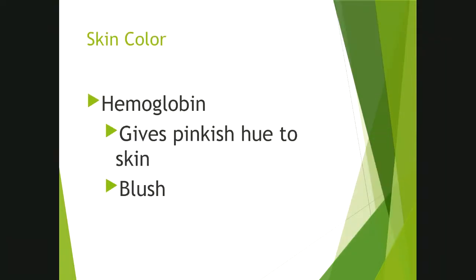There's one more thing that contributes to skin color, and that's just blood. So if you think about someone blushing, that blood rushes to the skin and their face, and they turn red or they turn pink. So we see the blood in the skin. Well, it's not specifically blood that is the red color. It's something called hemoglobin.